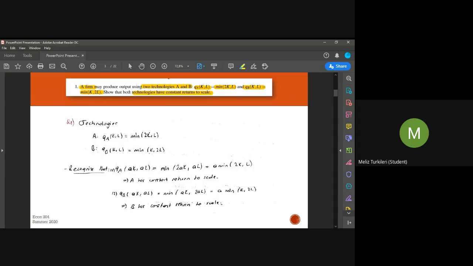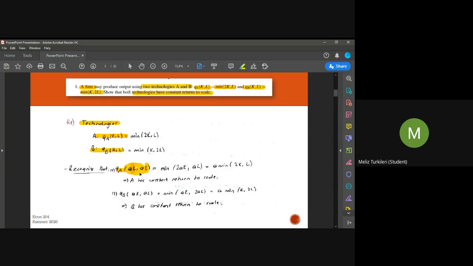What we should do, first of all, let's start with writing the information that we can derive from the question. So we have technology A and technology B, and let's assume that we double our capital and labor by multiplying with a. Let's assume that a shows a constant.